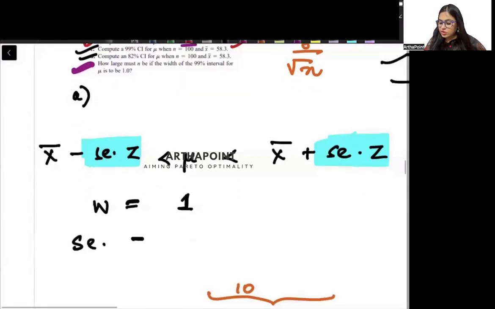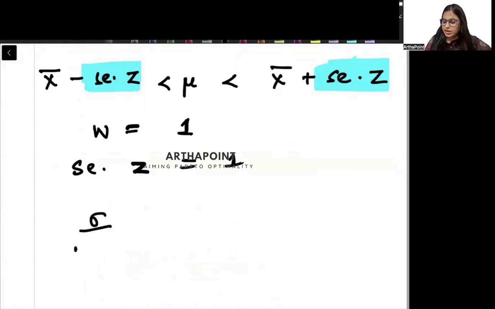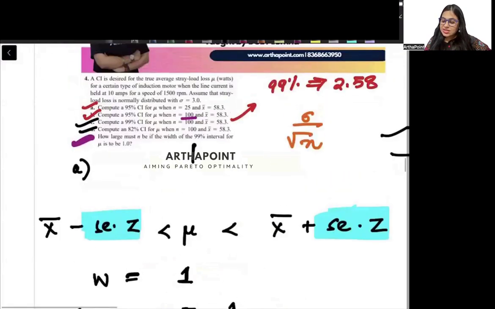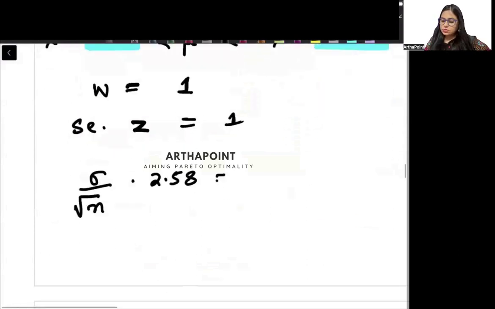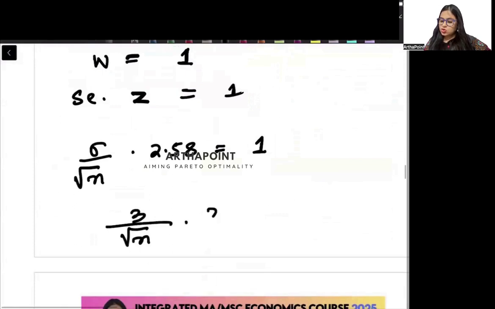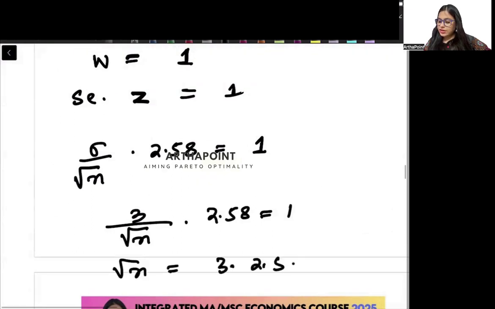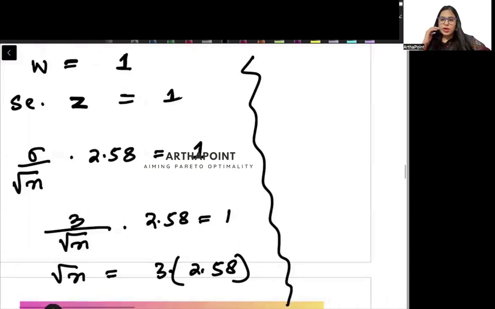So standard error into z should be 1. Standard error is sigma by root n, and it is a 99% interval, so the value is 2.58. Sigma is given as 3. So 3 by root n into 2.58 is 1. So root n will be 3 into 2.58.